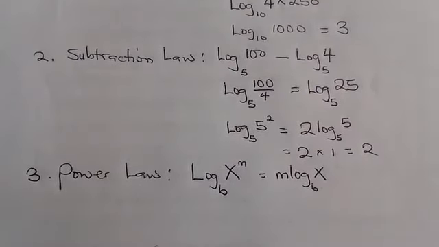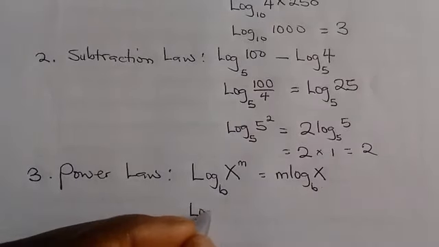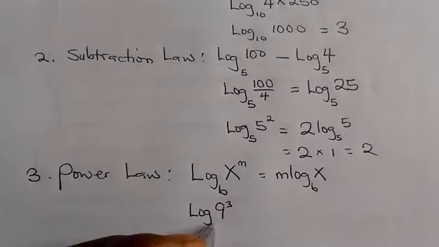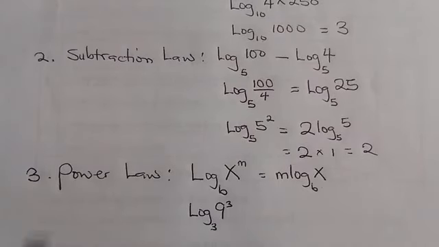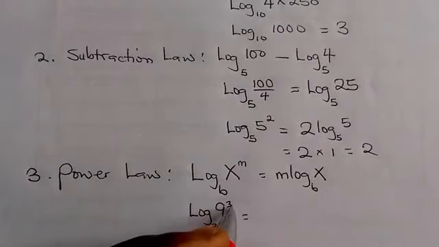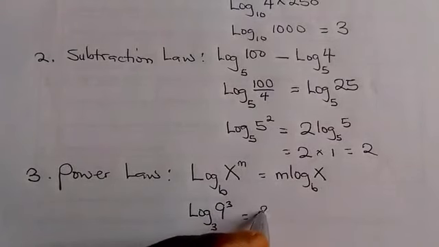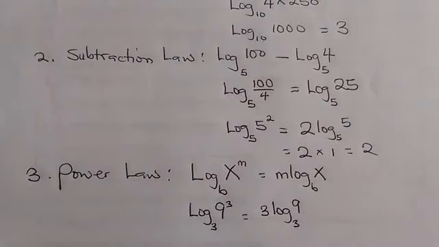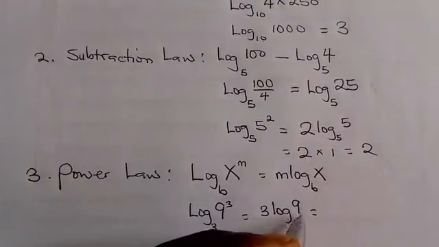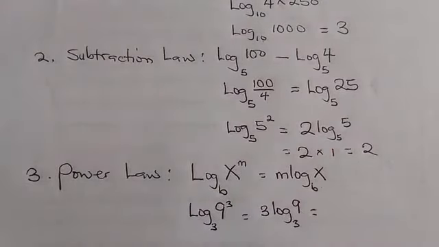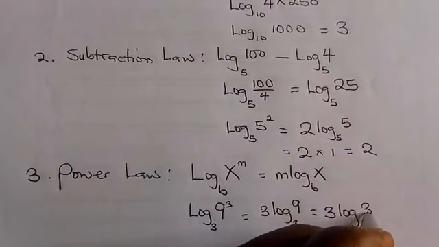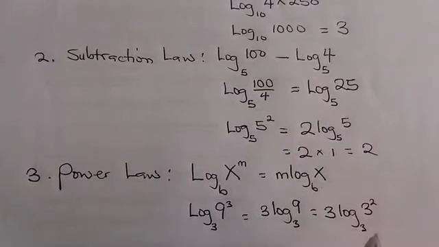So let's use numbers to also do that. We have log 9 to the power of 3 to base 3, and that's equal to, we are going to use this power to multiply the log itself. So we have 3 log 9 to base 3, and this is equal to, remember 9 can be reduced further, so we are going to have 3 log 3 raised to power 2 to base 3, because 3 raised to power 2 will give us this 9 back.